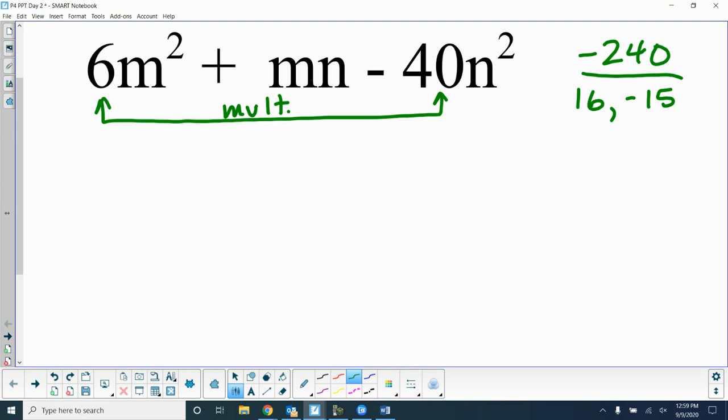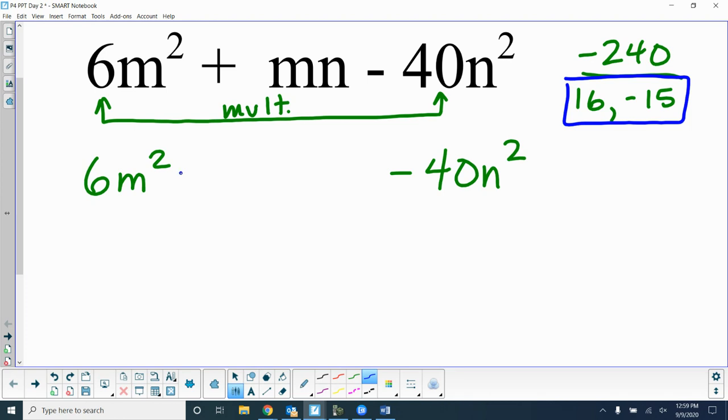Okay? Now, what we do is we rewrite this problem with 4 terms instead of 3. We turn it into number 6, a grouping problem. The first term doesn't change, and the last term doesn't change. This middle one, this 1mn, changes to these two.